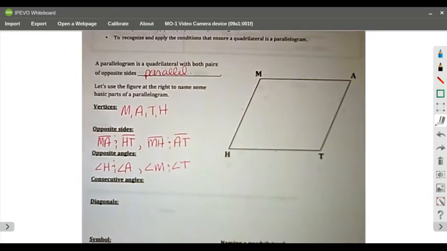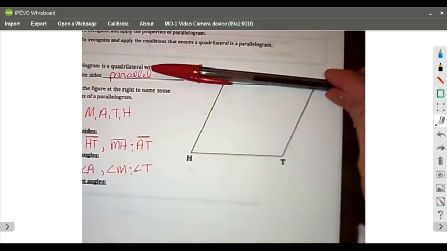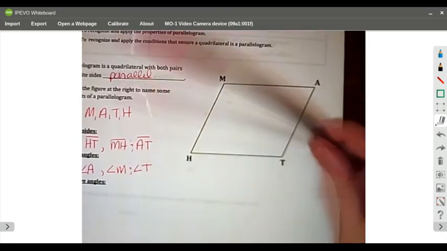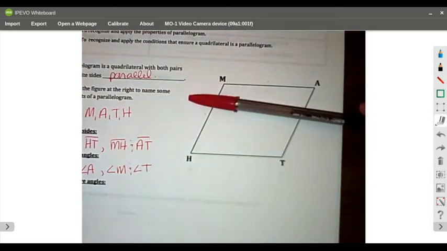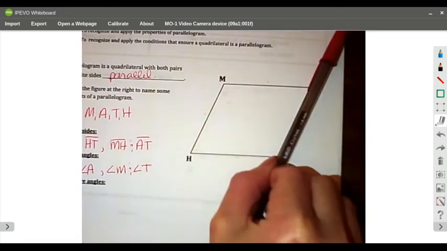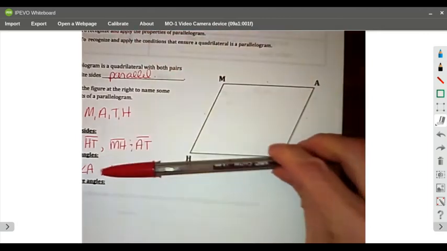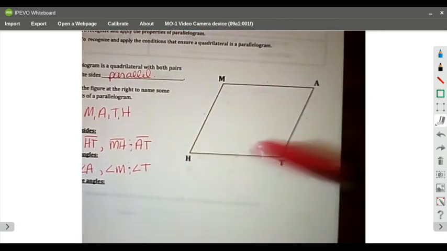Consecutive angles. Think about consecutive interior angles, right? If this is parallel to this with this transversal and this transversal, if you remember consecutive interior angles from earlier in the year, M and H would be consecutive, A and T would be consecutive. Also, we have this line parallel to this line with these transversals. So M and A are consecutive, H and T are consecutive.